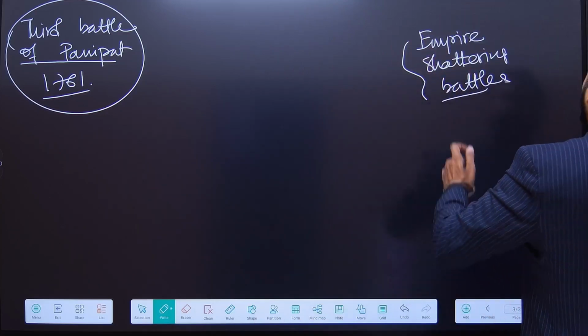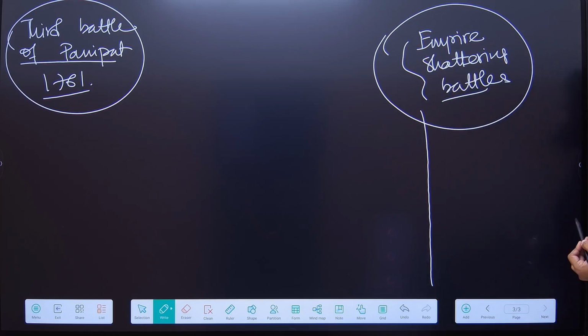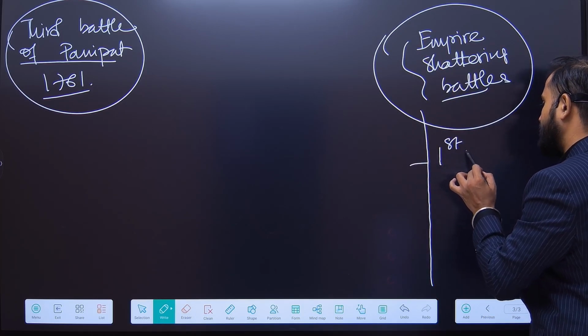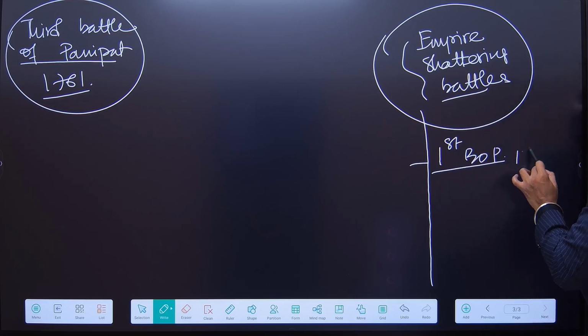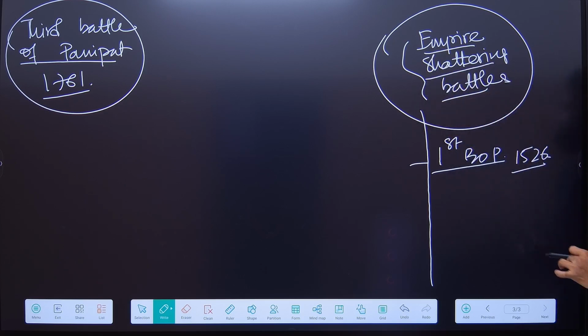The component, empire shattering battles, we will enlist three. We are deciphering this component. That will be the first battle of Panipat, happening in 1526. Why is it empire shattering?